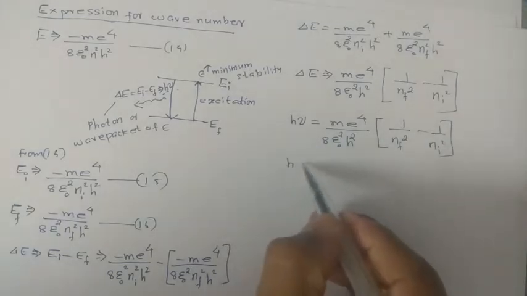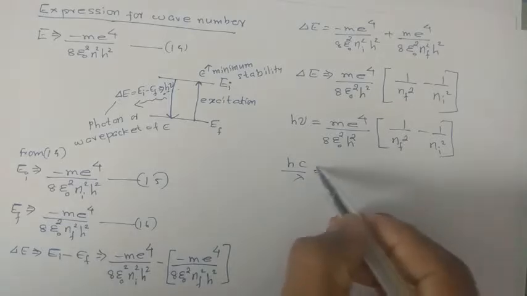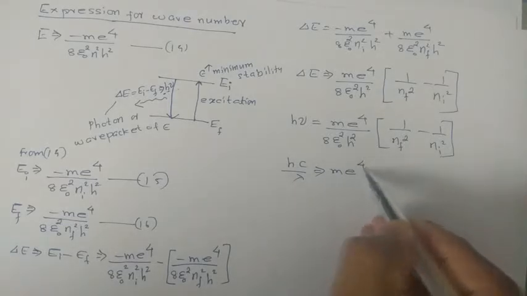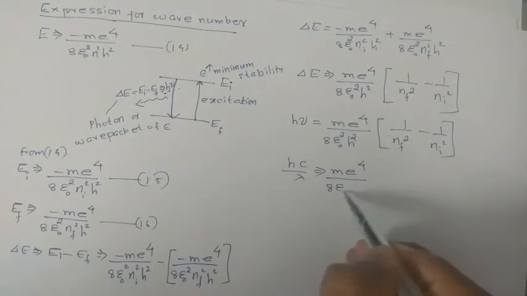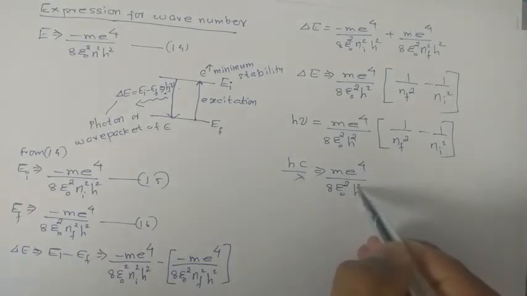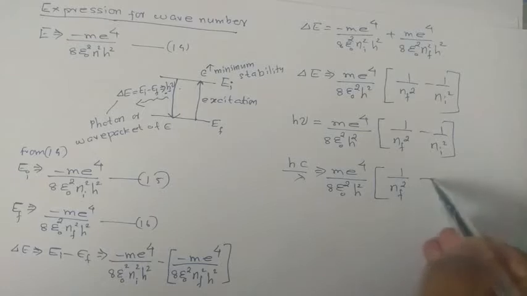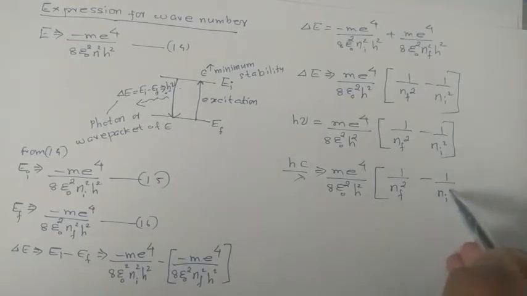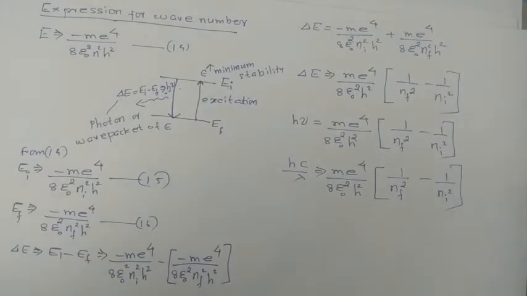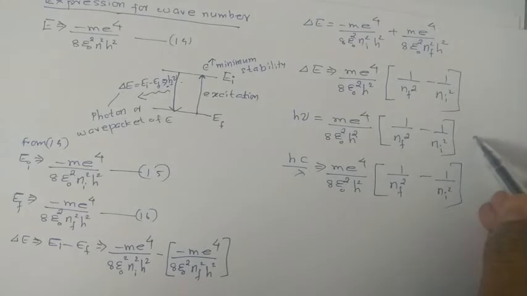h nu means hc by lambda, equal to m e⁴ divided by 8 epsilon 0 square h square into (1 by n_f square minus 1 by n_i square), because we know nu is equal to c by lambda.